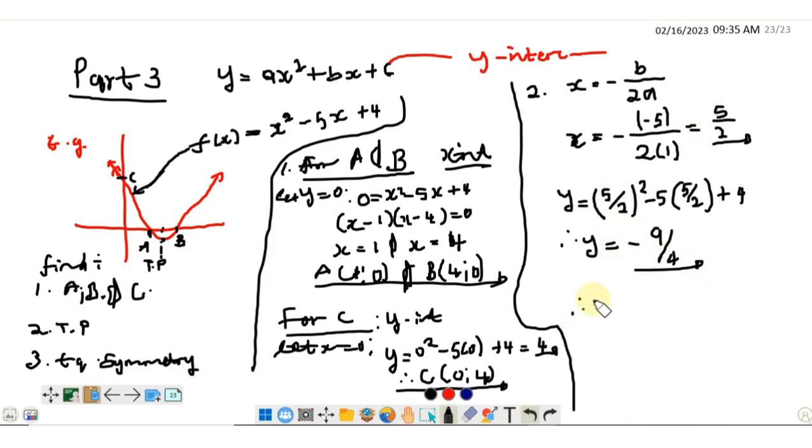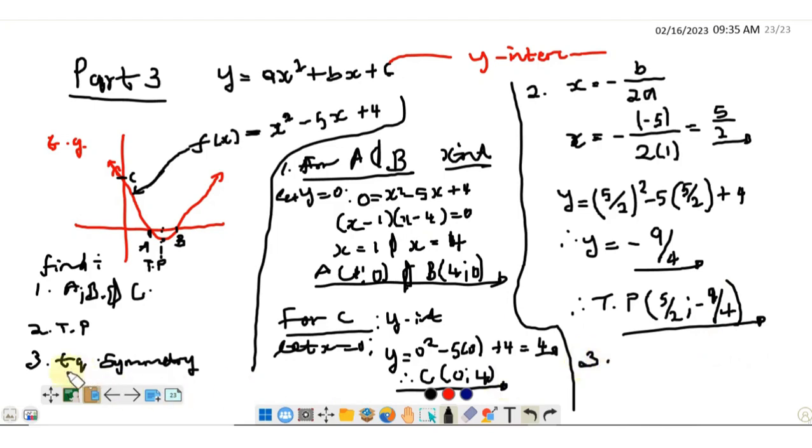So the coordinate of the turning point is (5 over 2, negative 9 over 4). That is the coordinate of the point.